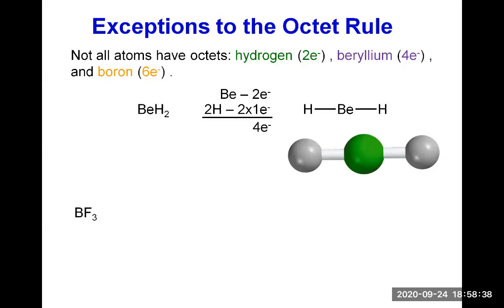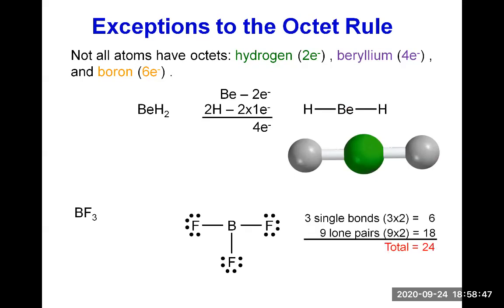And let's look at an example of a compound of boron, BF3. So the Lewis structure looks like this. And if we count, we have 3 single bonds, so 6 electrons around boron, and we have 3 lone pairs on each fluorine, so that's 3 lone pairs times 3 fluorines, that's 9 lone pairs, so 18 electrons there, right? 6 times 3, 18 electrons as lone pairs on fluorines, plus the 6 from the boron, that's 24 electrons in total.